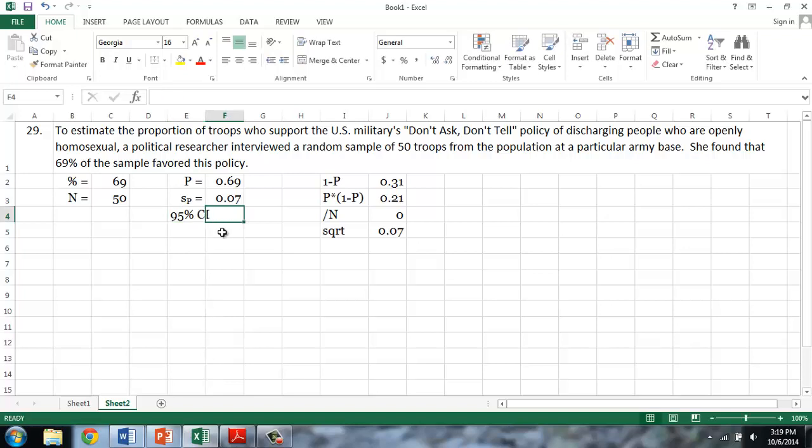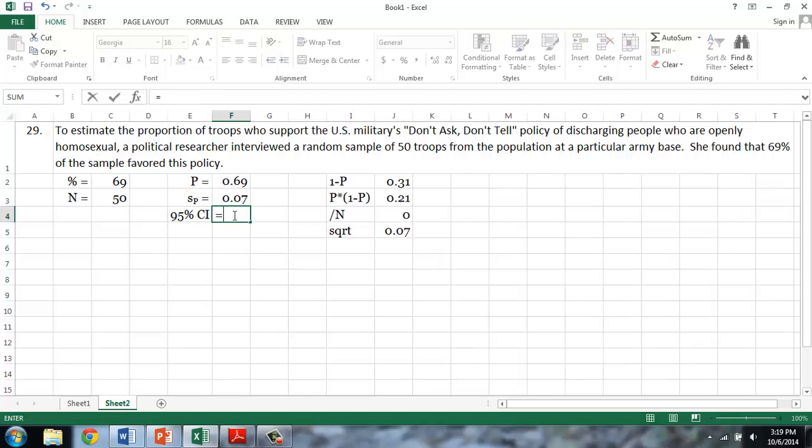So, for our 95% confidence interval, the lower limit is equal to our proportion minus 1.96, or our z, times the standard error of the proportion.